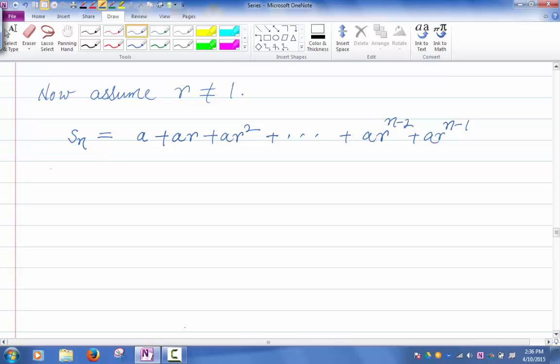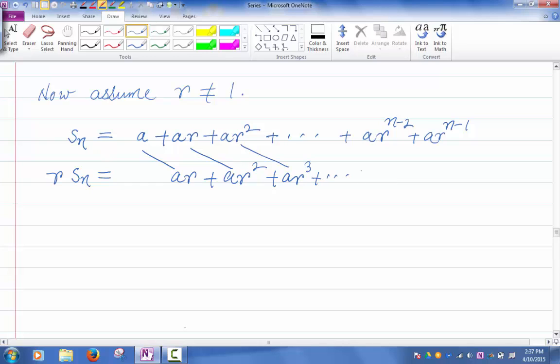Now, the trick is to multiply both sides by the common ratio r. So r times Sn. What is that? When you multiply a by r, you get ar. When you multiply ar by r, you get ar squared. Plus ar cubed when you multiply this by r.